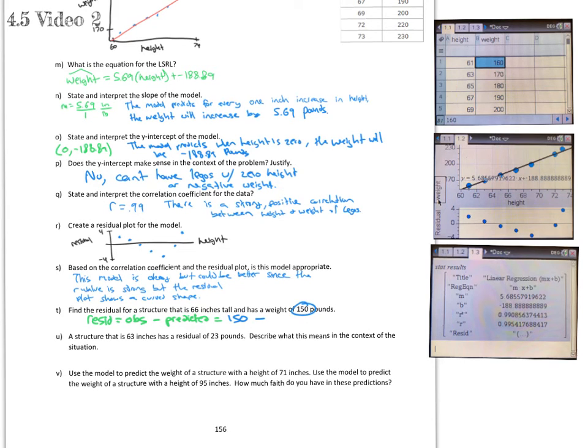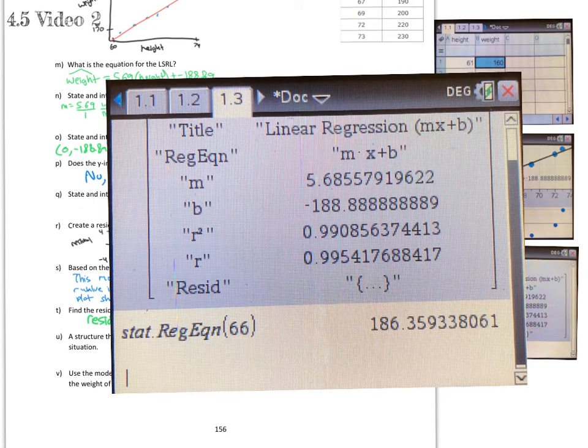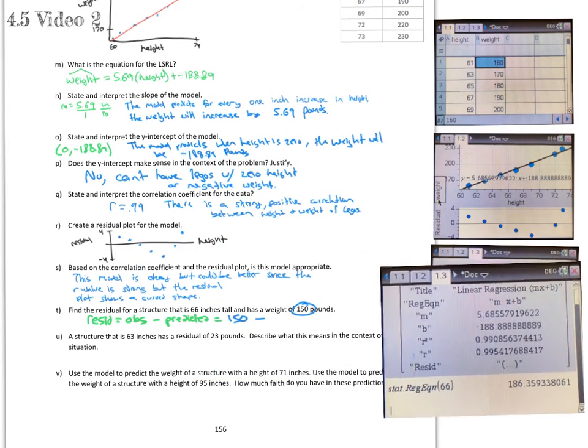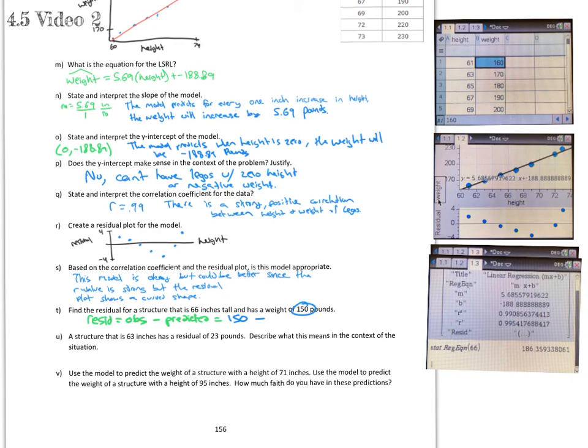On your calculator, you're going to still use the calculator page and hit the var button again and look for stat.regression, regression equation. And when you type that in, we want to find out what the equation is going to predict for a structure that is 66 inches tall. So I got to plug in 66. So your screen should look like this. You've got your stat.regression plugged in 66, and it gives us an answer there, 186.35. So I'm going to move this over here. All right.